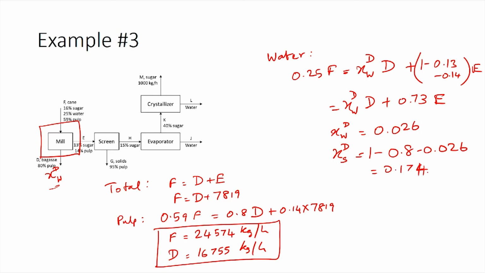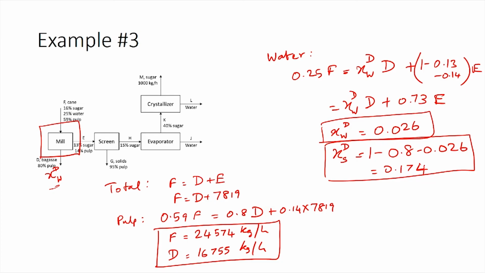So, this gives you the composition of the stream D also. So, the stream D, which is the bagasse stream, contains 80% pulp, 17.4% sugar and 2.6% water.